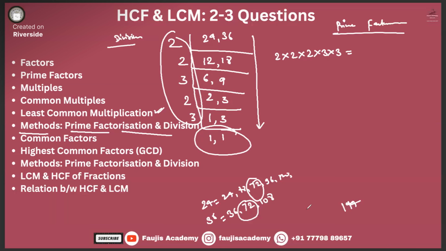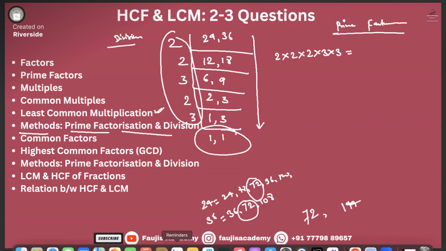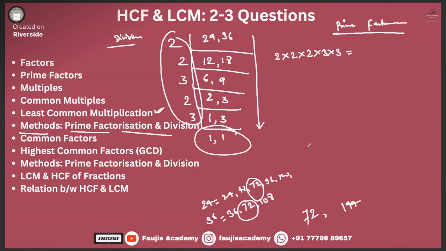And the multiples of 72 will be the LCM. You guys did not pay attention. I'm sure you are not the chaps who don't know LCM and HCF. But anyways, it happens. So what is this number? 72. This is one way of finding it, by the division method.